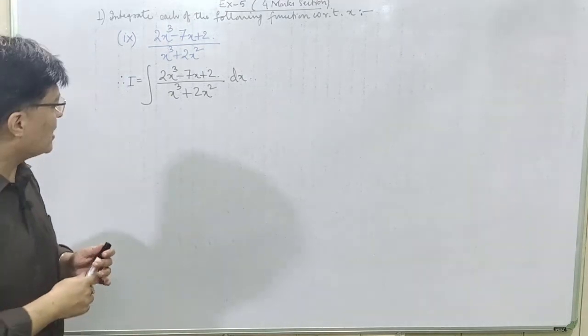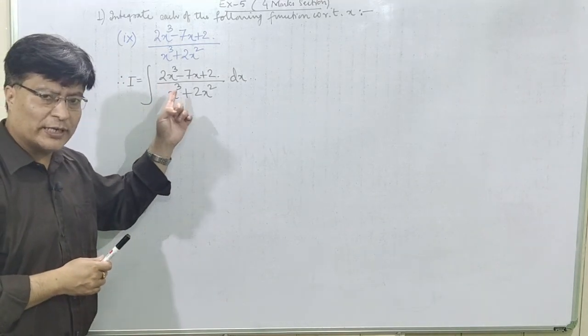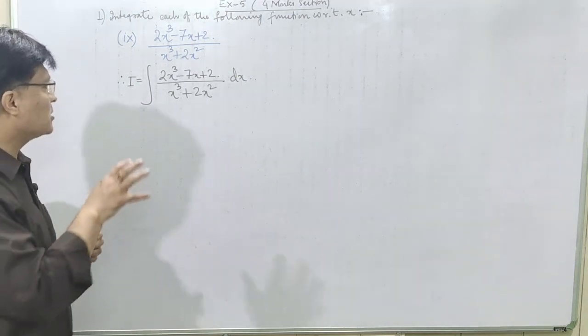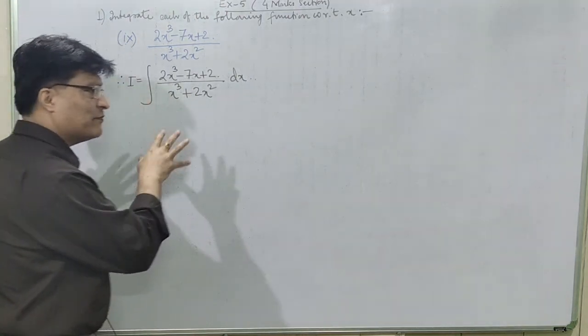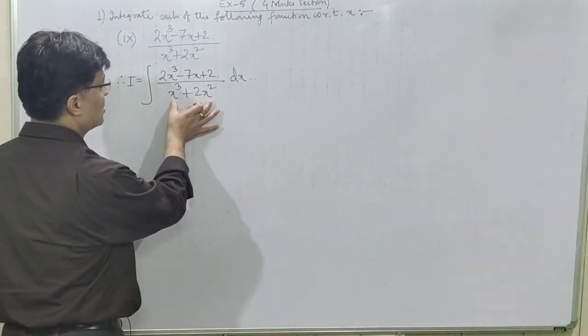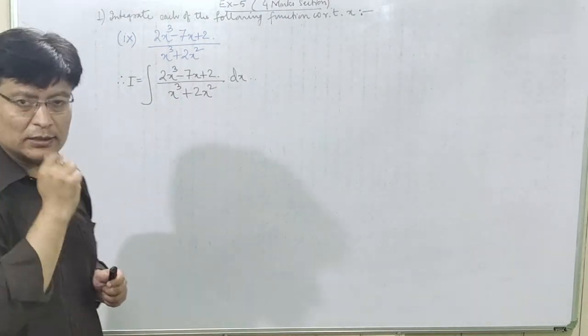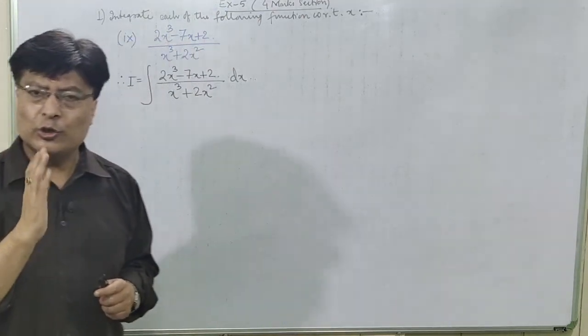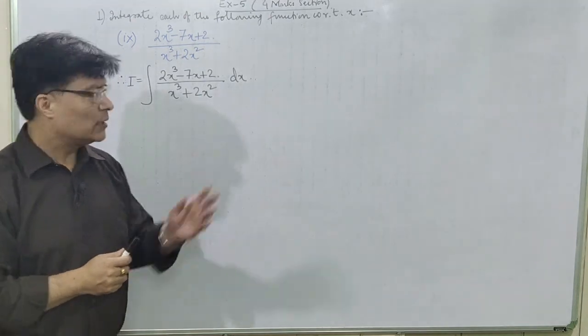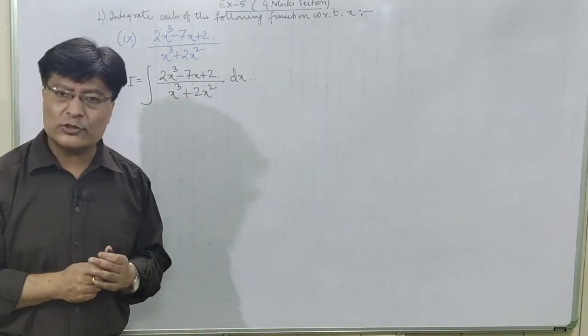So now in this case, can you divide the numerator by the denominator? No. In this case, we cannot directly divide the numerator by the denominator because in the denominator there is a common factor. So you should take out the common factor first from the denominator, right? So from the denominator, what is common there?